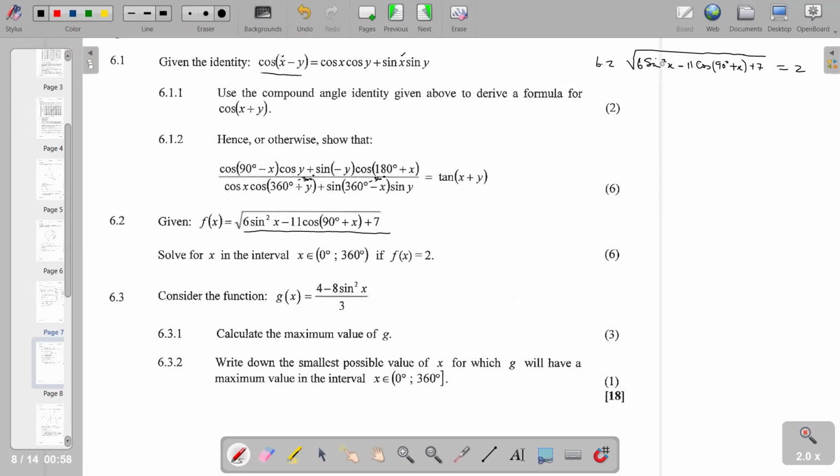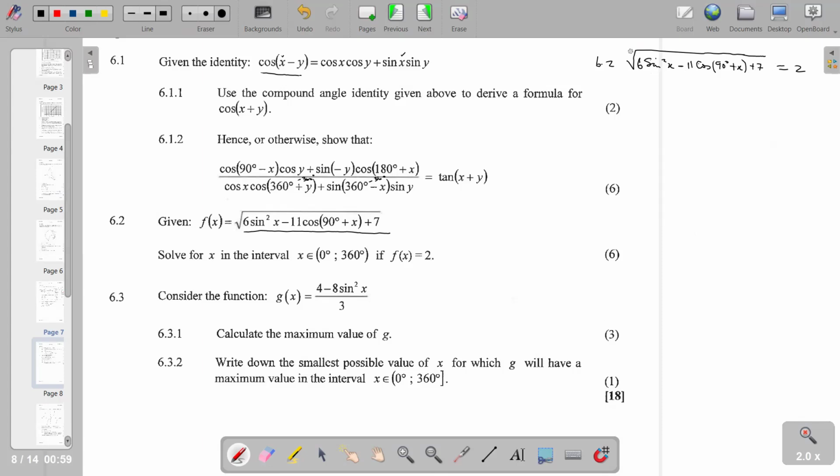So if we check, we are already having an equation with a square root.